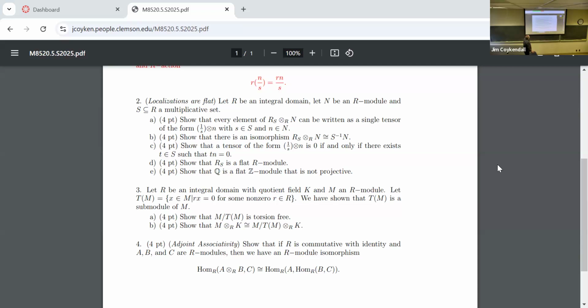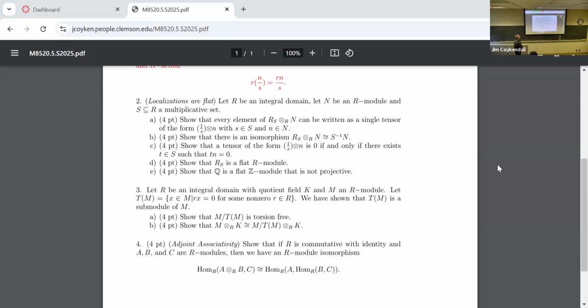And show, I like to call this, tensoring with the quotient field kills torsion. If you take M and tensor it with the quotient field, you get M mod T(M) tensor the quotient field. I'll show you an example of how that works in a moment.